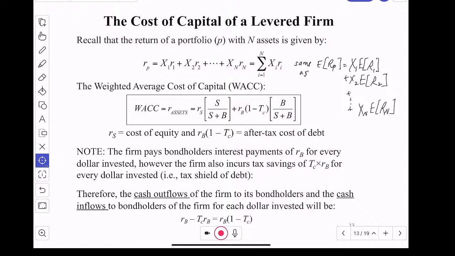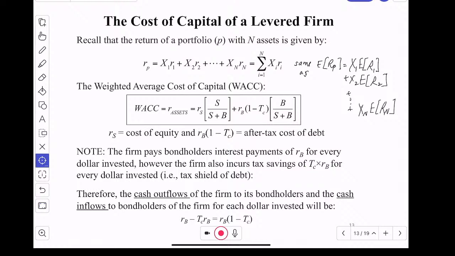This can be claimed on taxes, and it reduces what is actually paid out. So it's offset by the tax savings. So since the firm pays bondholders interest payments of RB for every dollar invested, the firm also incurs tax savings of TC RB. So this calculation we've discussed before.